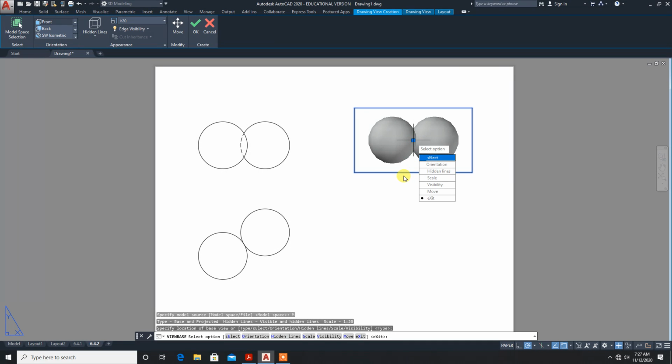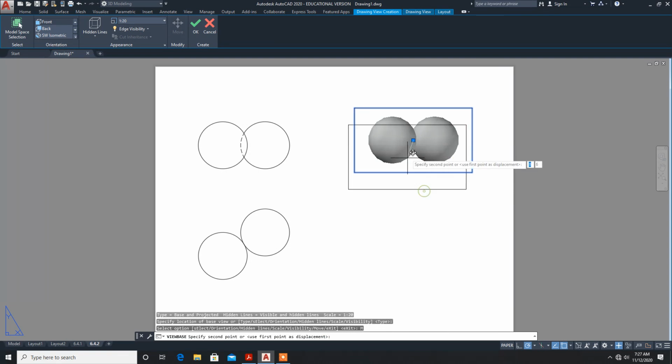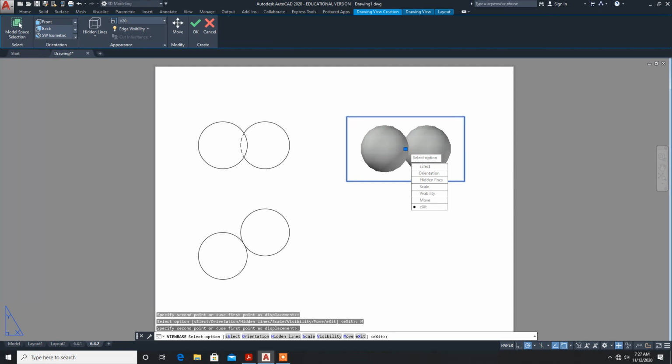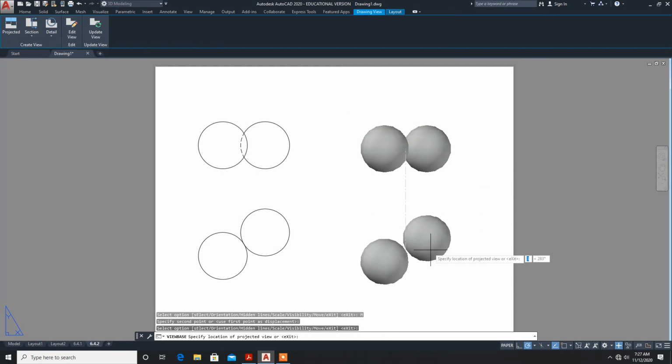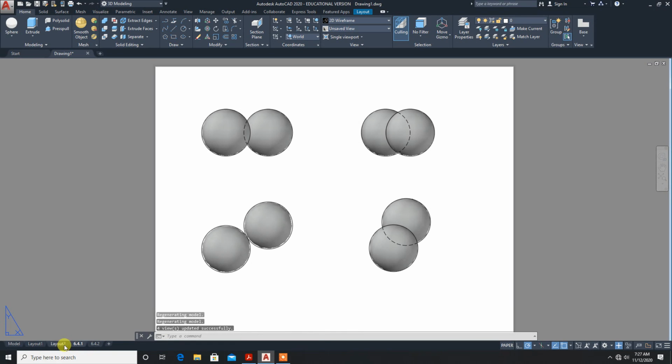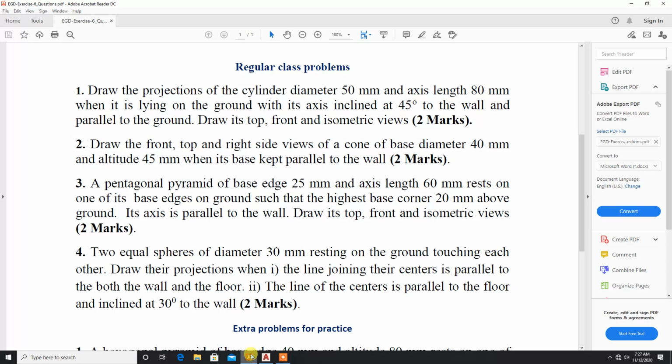Side view, isometric. So all the four views. Thank you. These are the two subdivisions of the fourth question, first subdivision and second subdivision.